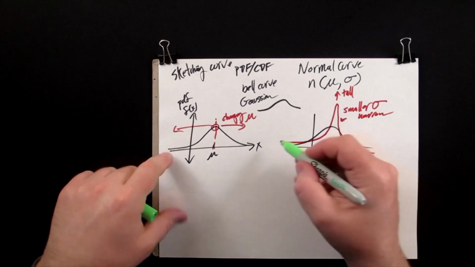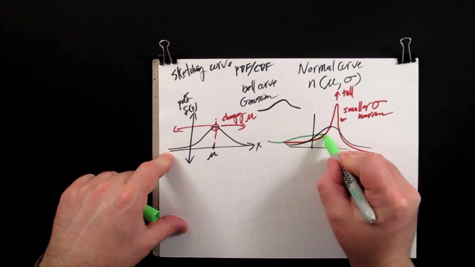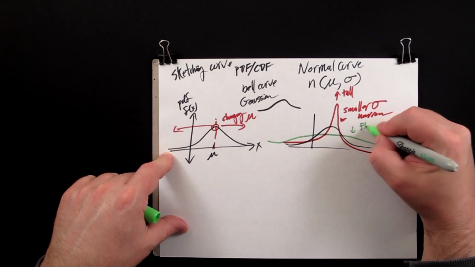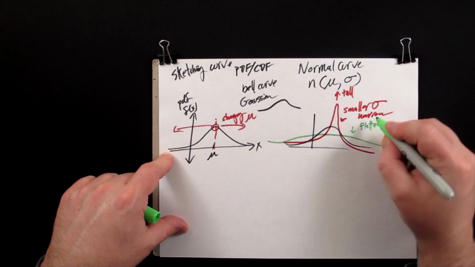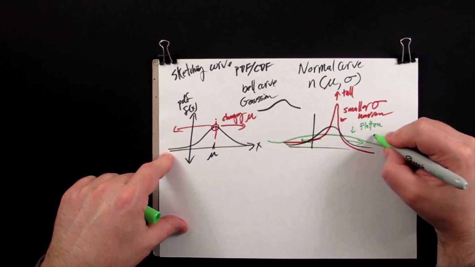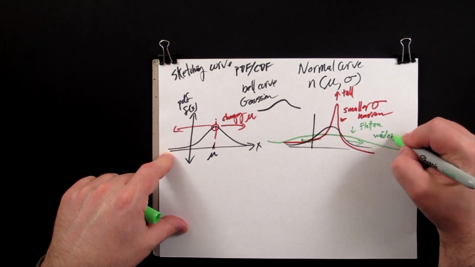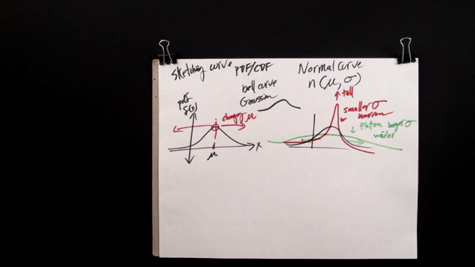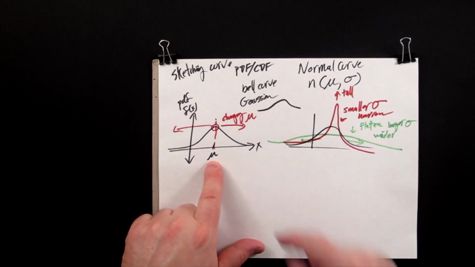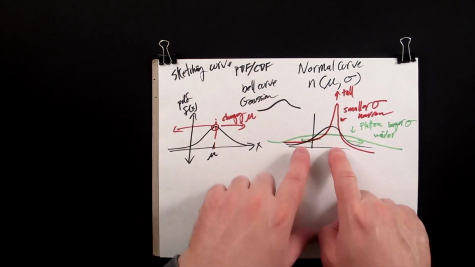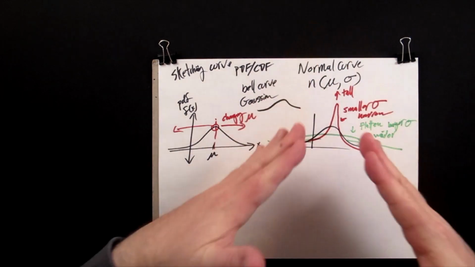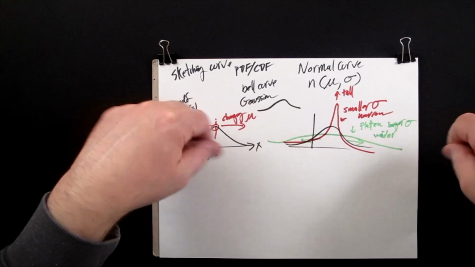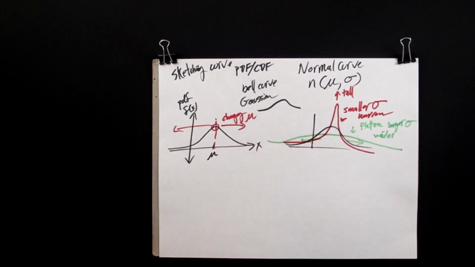If you have a larger sigma, it's going to broaden it out, and so it flattens the curve and makes it wider. Okay, so the effect of changing the mean is it shifts where the peak is. Changing the standard deviation is going to make the peak either narrow and skinny, or it's going to make it flat and broad, so it's wider.